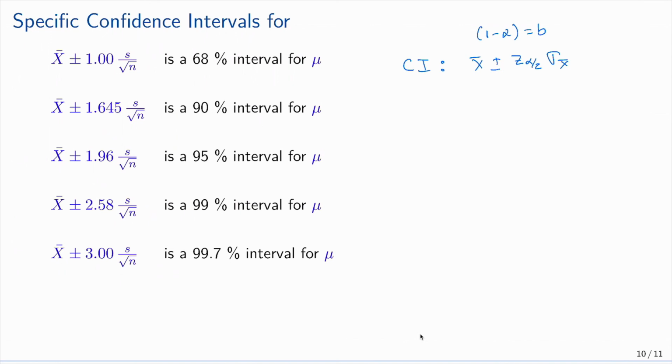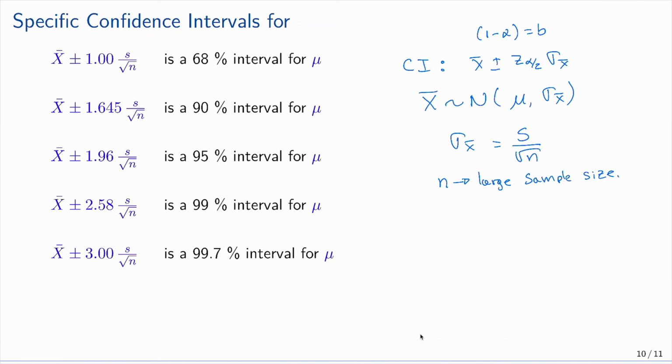We do this because we know that the means are normally distributed with a mean mu and standard deviation sigma of x bar, and sigma of x bar is equal to the sample standard deviation divided by the square root of n, and this is for a large sample size.